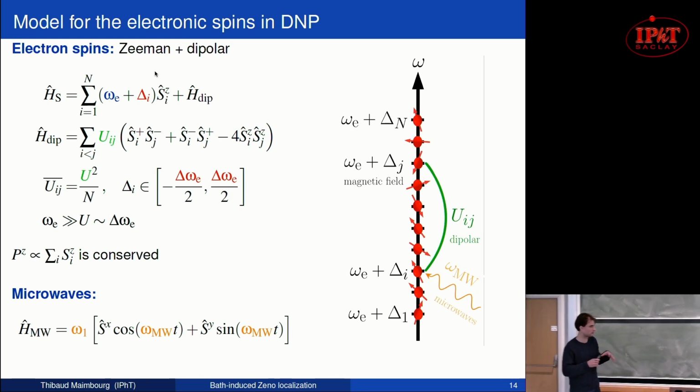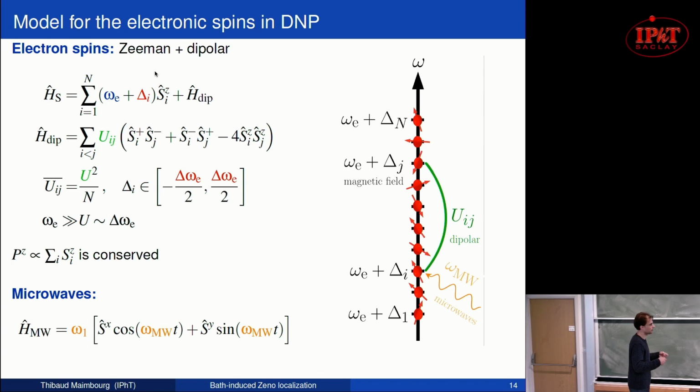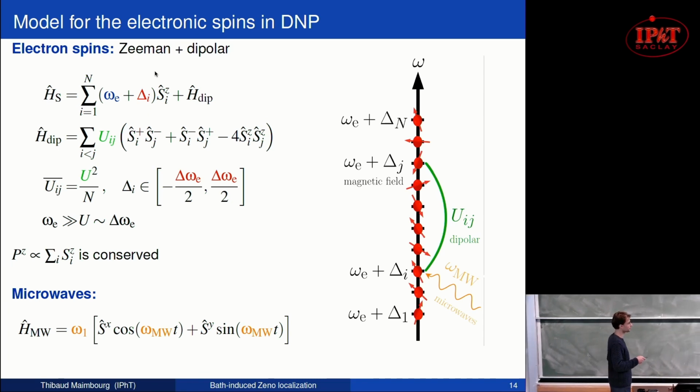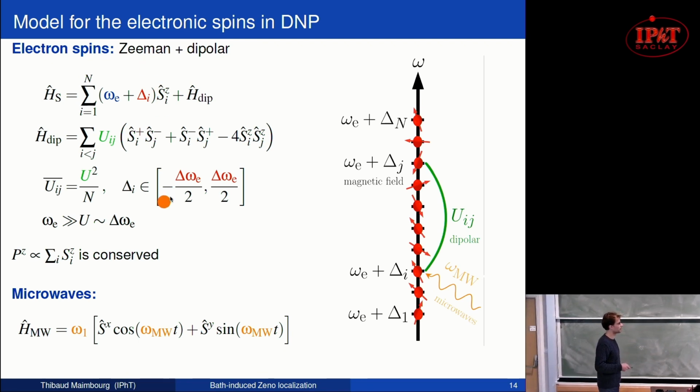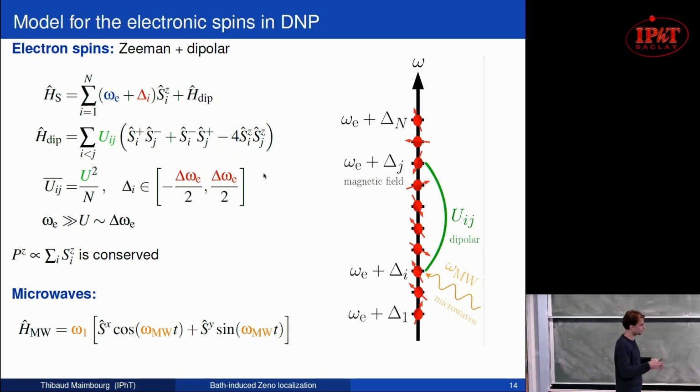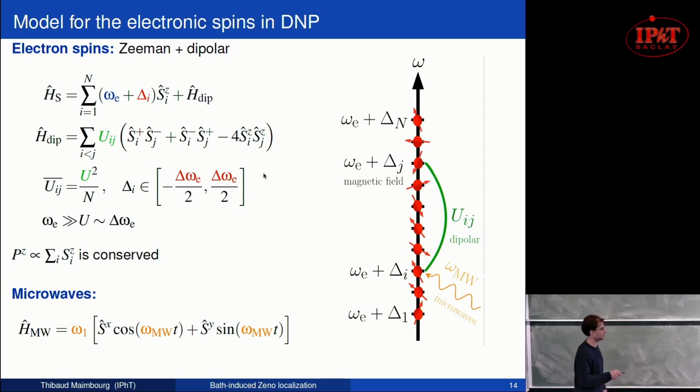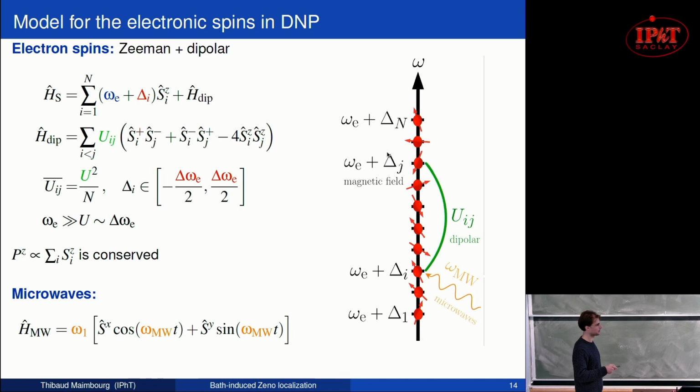So you have the strong field, and also, due to inhomogeneity of the sample, this kind of disorder that we model as just a random field disorder with some strength delta omega_e. So that spreads the magnetic field a bit. If you represent on this axis the energy, you put all your spins on this energy. They are typically at energy omega_e plus some spread in the magnetic field. So each one has a different local field.